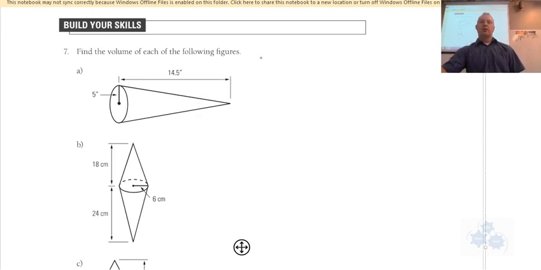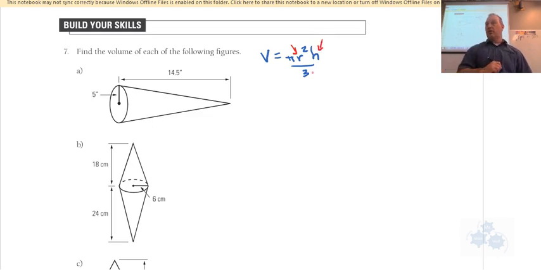The volume for a cone we said was pi r squared h divided by 3. That means we need r and h to find volume. Do we have r in 7a? Yes, this length right here is the radius, and that's 5. So r is 5. Do we have the overall height of the cone?